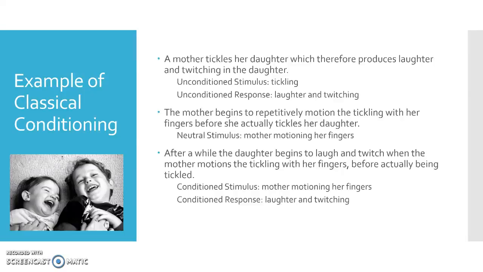The neutral stimulus is the mother motioning her fingers. Then, after a while, the daughter begins to laugh and twitch when the mother motions the tickling with her fingers before she is actually being tickled. Here the neutral stimulus has become a conditioned stimulus and produces the conditioned response, which is the same as the unconditioned response.